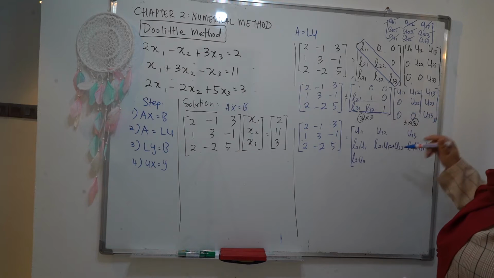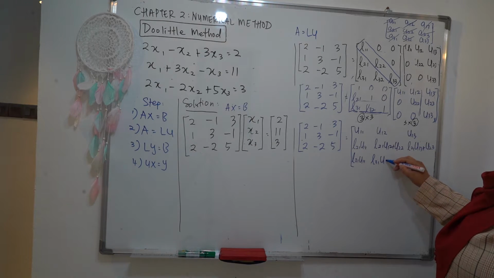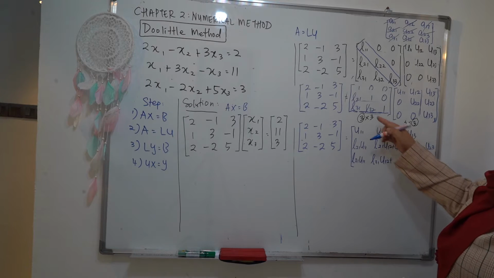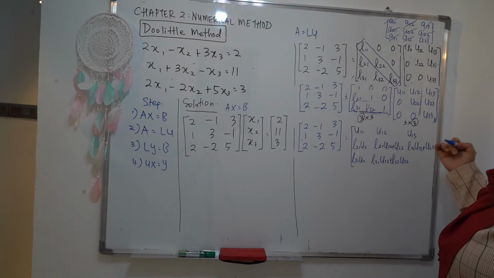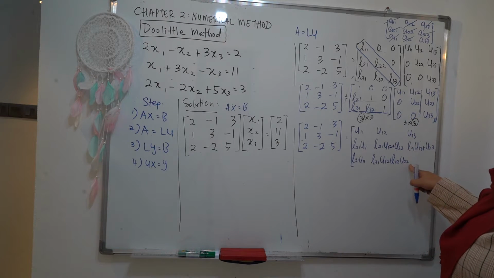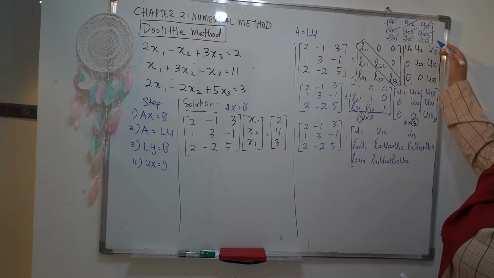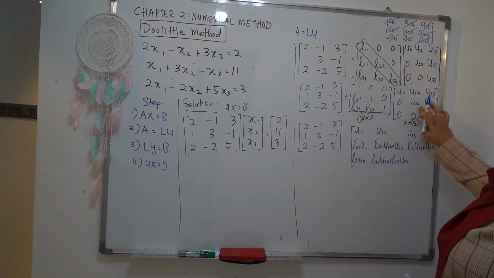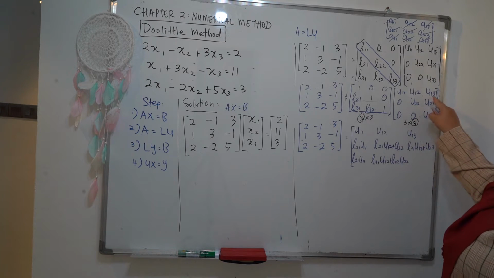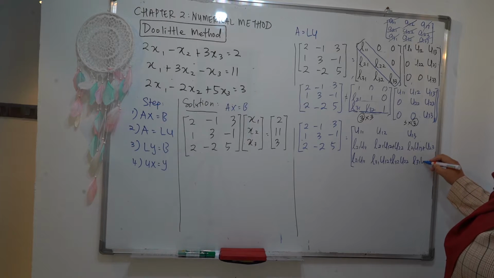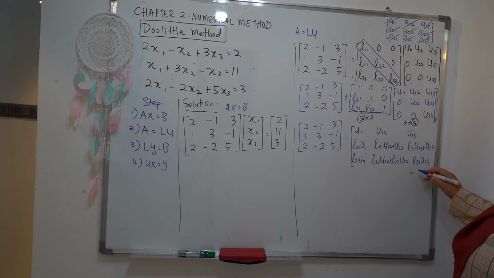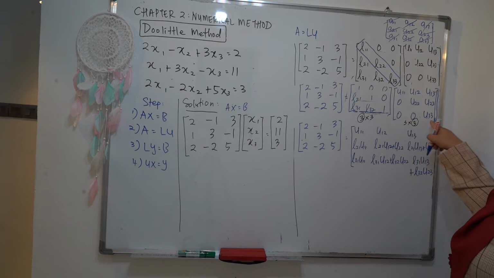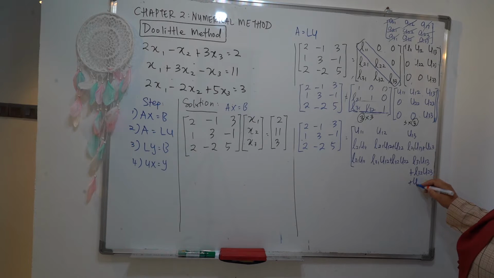So L31 U12, plus L32 U22, plus 1 times 0 is 0. For the last one, A33, which means row 3, column 3. So L31 U13, plus L32 U23, plus 1 times U33.